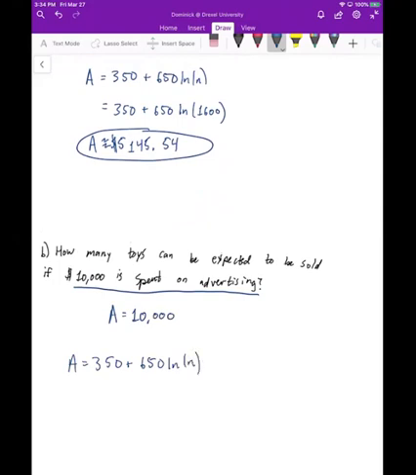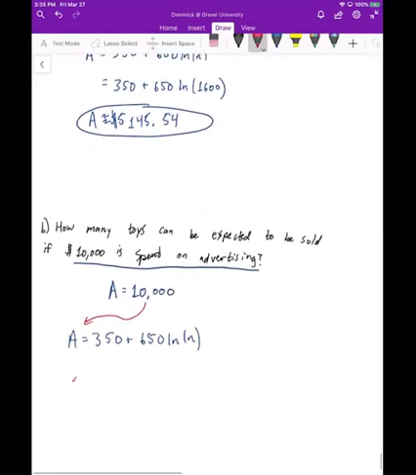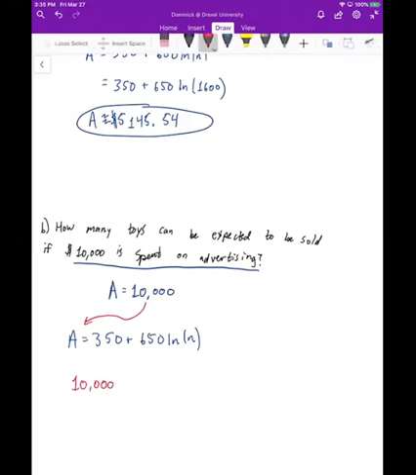Here, we just need to plug in this 10,000 for A and solve. So now we have 10,000 is equal to 350 plus 650 ln of n.